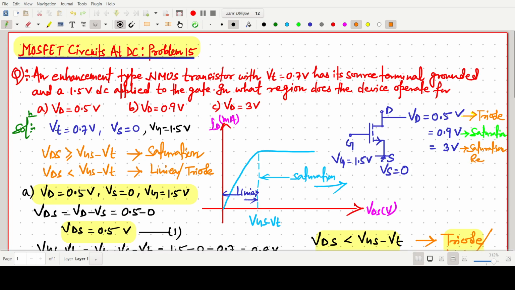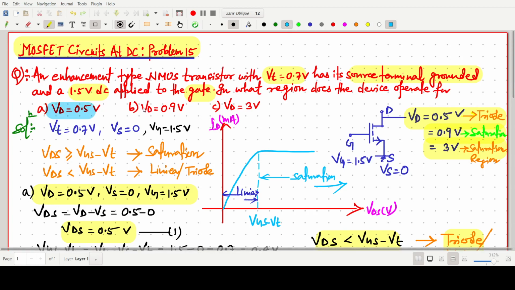This is all about this question, how we find out the different modes of operation in which the threshold voltage is given, the source terminal is grounded and a voltage is applied to the gate. In which region, for different VD, we can find.